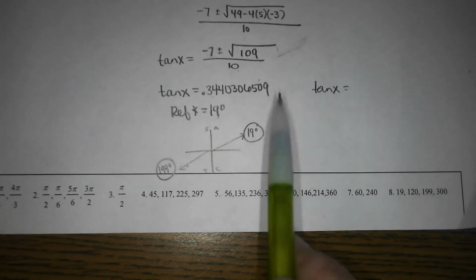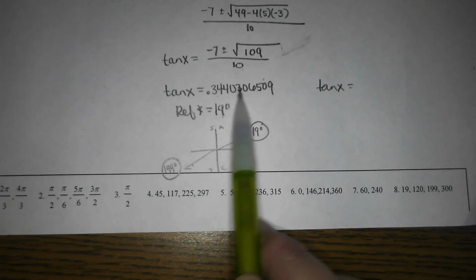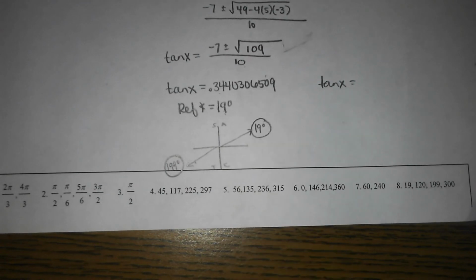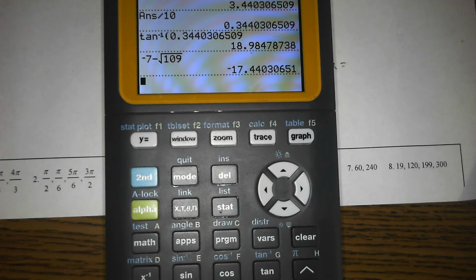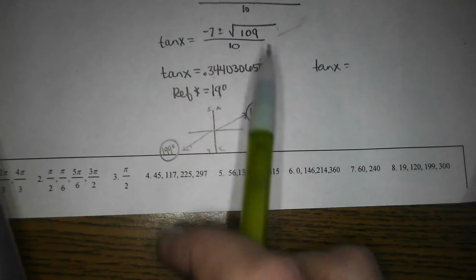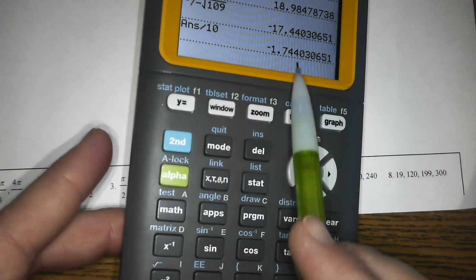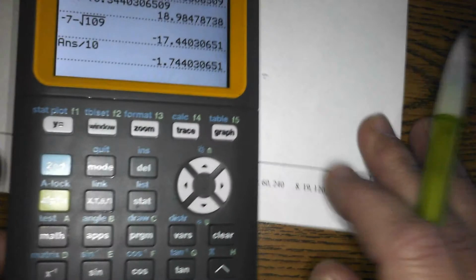Right, so now I have to do my second answer. This came from the negative 7 minus root 109, and then take that answer and divide by 10, negative 1.744.